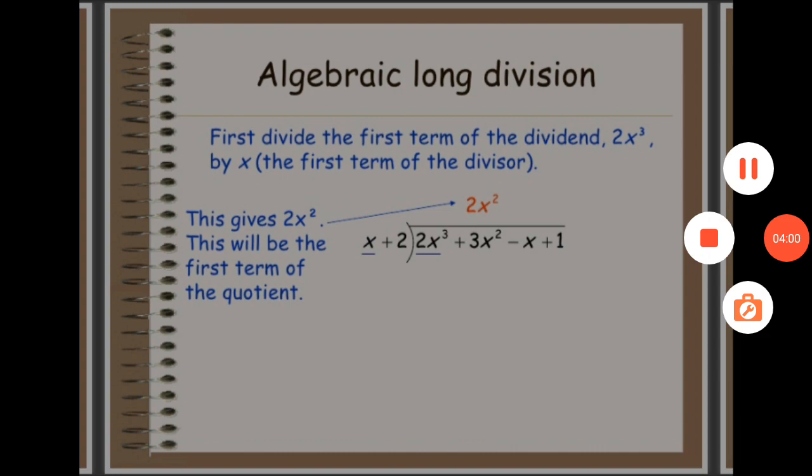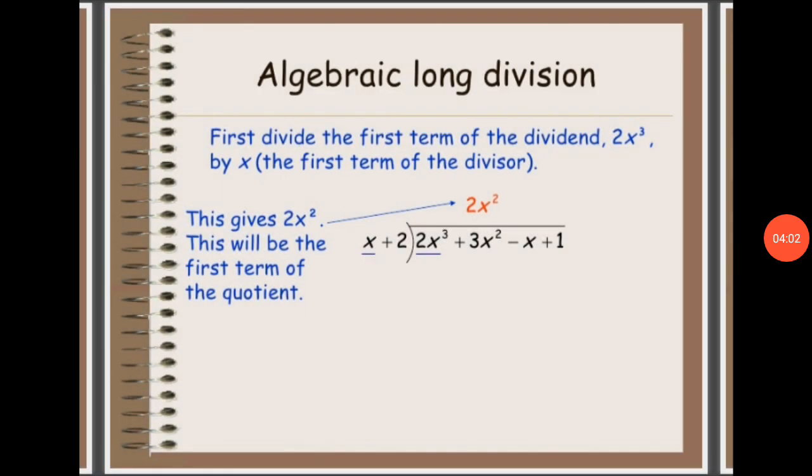How to find out the number? Here x when multiplied by 2x square will give you 2x cube. So children, the first term of our quotient becomes 2x square.